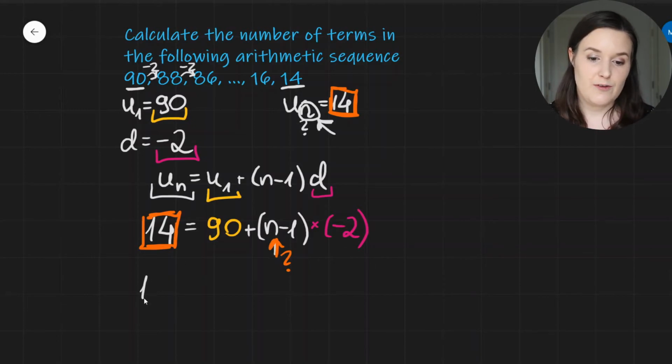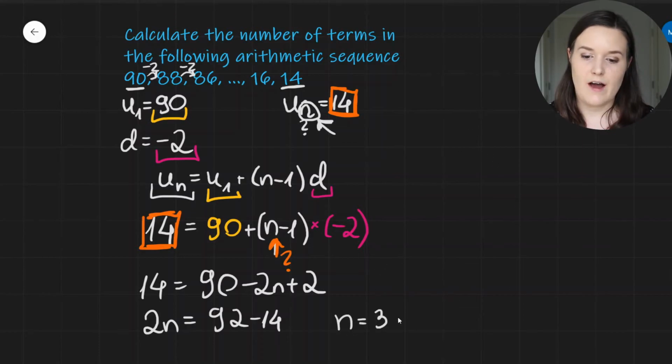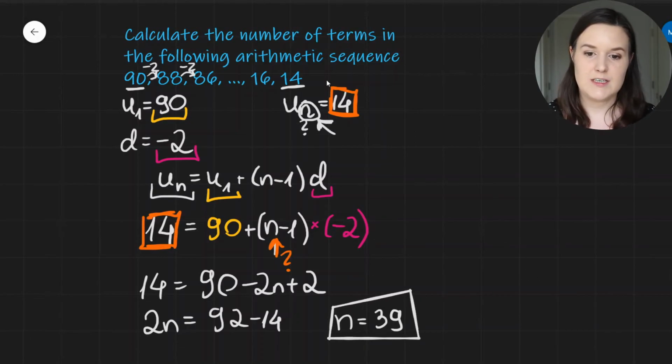Okay, let's try. 14 equals 90 minus 2n plus 2, so 2n is equal to 92 minus 14, and 92 minus 14 divided by 2 is 39. So there are 39 terms. This term is U39.